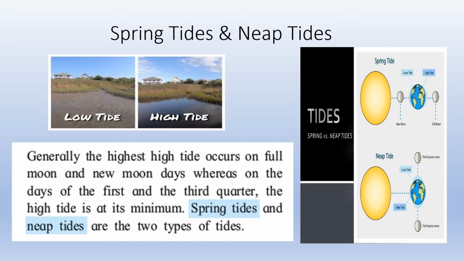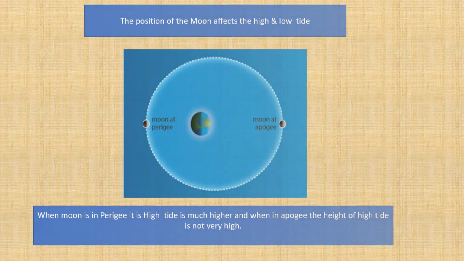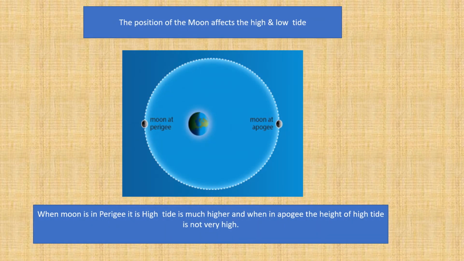Another important impact which I will tell you, which is not discussed much in our book, also affects the tide. As we learned earlier in the second lesson, the position of perigee and apogee also has an impact on the tide.